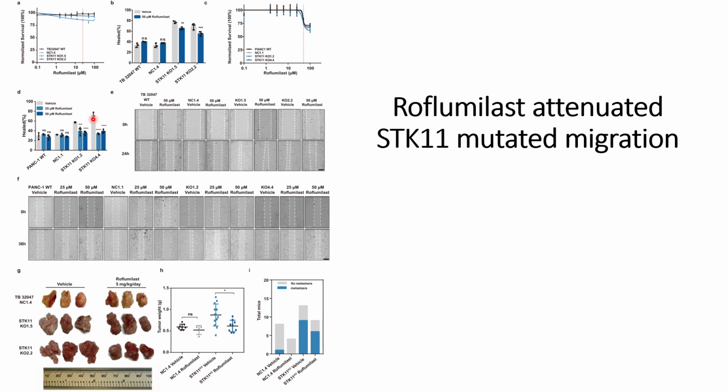Thereafter, when they check the effect on migrations in the pancreatic cancer cells, they see the same results as for the control TB32047 cells: when there is an STK11 knockout, they see a significant reduction in the migrations compared to the case where STK11 is present.